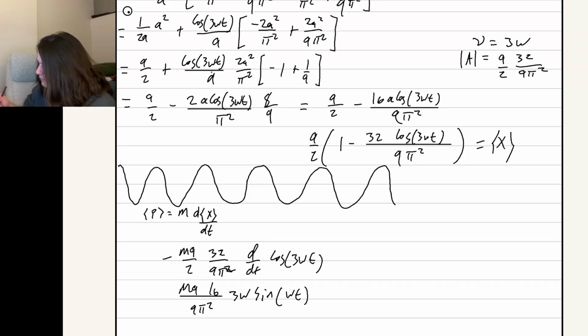Be careful, silly people. I wrote a sine omega t instead of a sine 3 omega t. There should be a 3 in there, and I do that a bunch of times, so be wary of that.